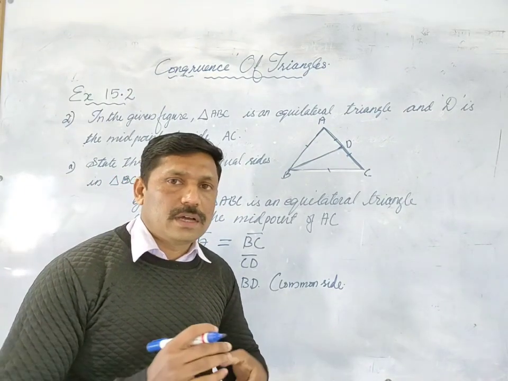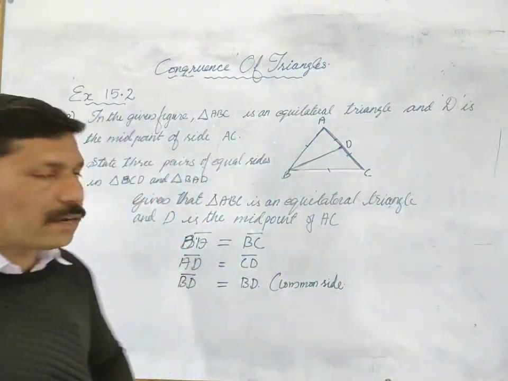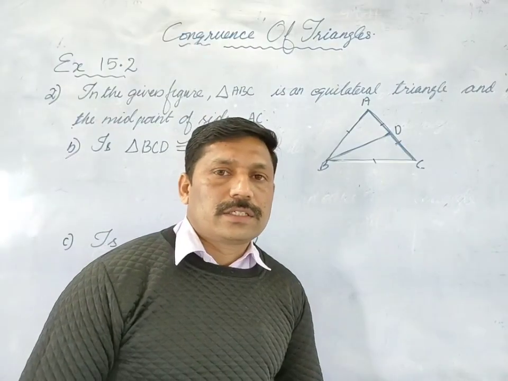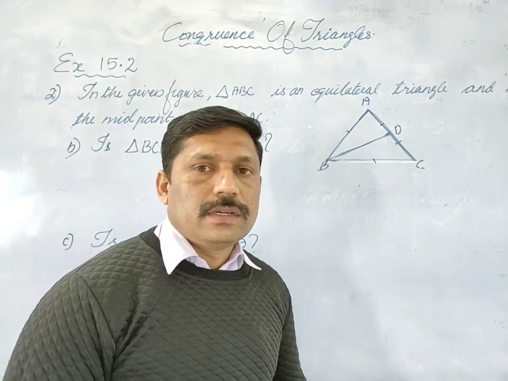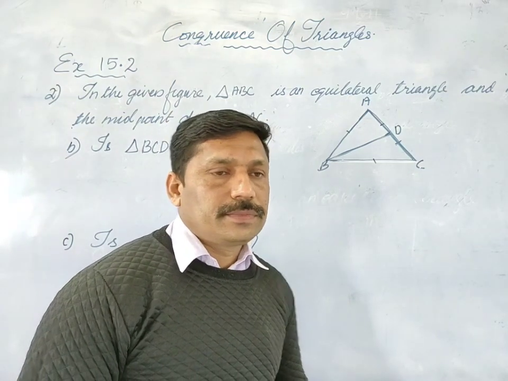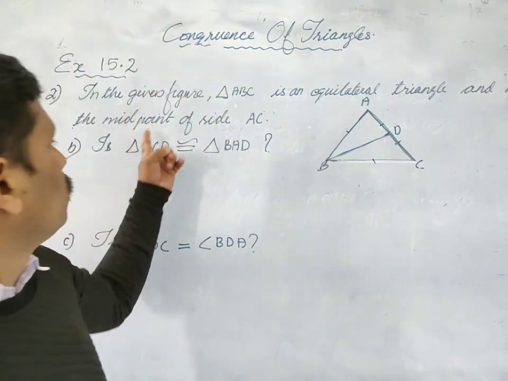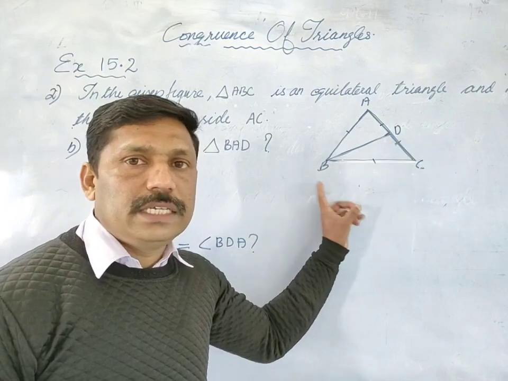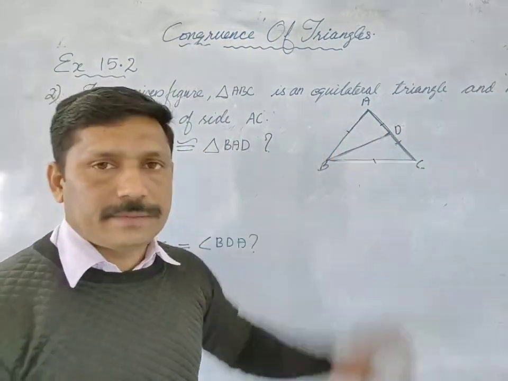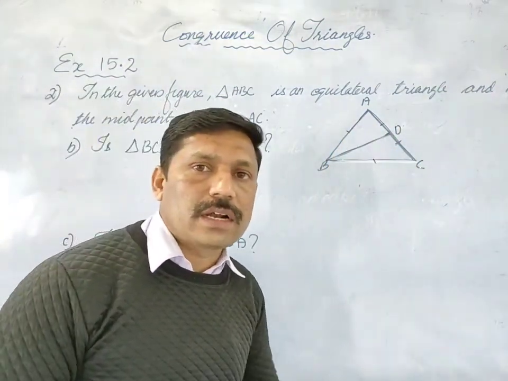Now we are going to solve question B of the second question. Students, next question B of the second question. In this question, you can see, is triangle BCD congruent to triangle BAD? That means, are these two triangles congruent or not?